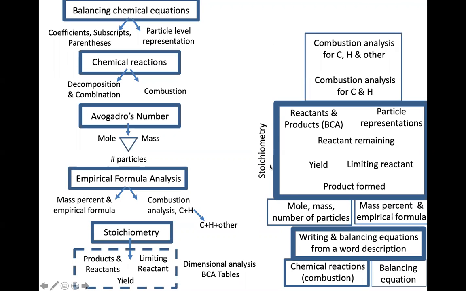I'm putting in bold here if it's an important idea or skill for us. Extremely important in this class is being able to do stoichiometry problems, and there are many different examples. On your test, if I were to estimate, probably 20% of the exam is related to stoichiometry for your first test. So I want to make sure we have enough time that we can practice that over several different classes.